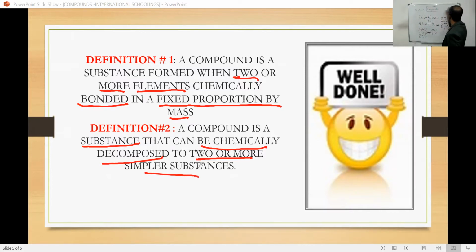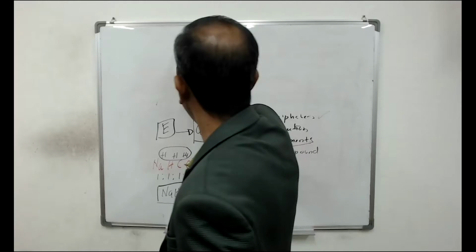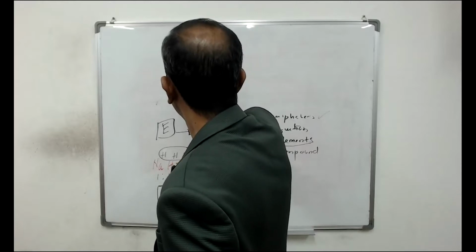Let me take sodium hydrogen carbonate as a compound that we have derived. It is called baking soda or baking powder.